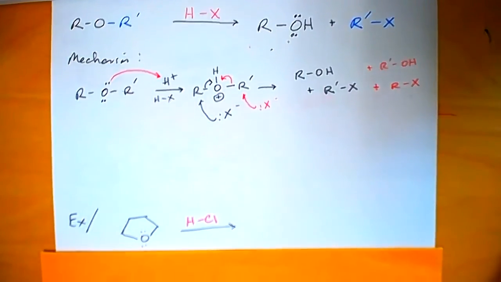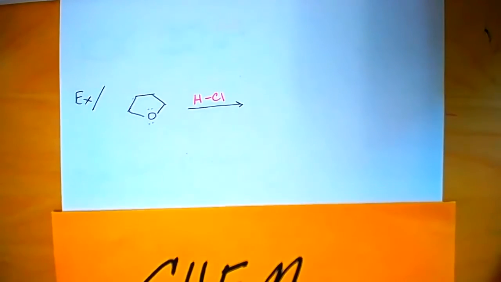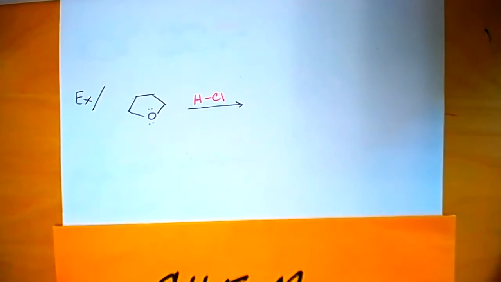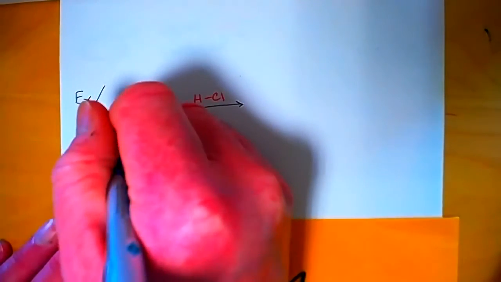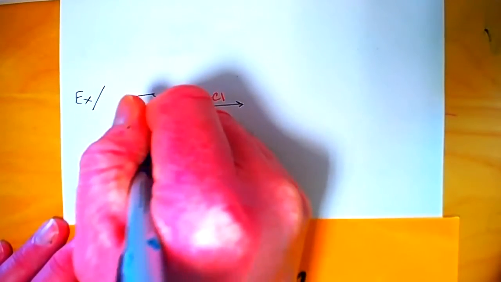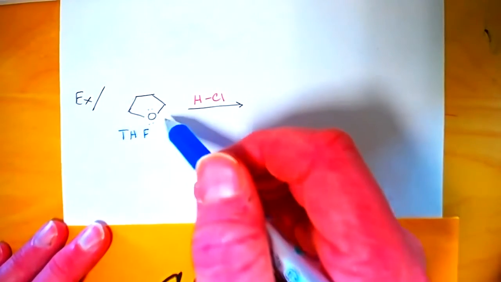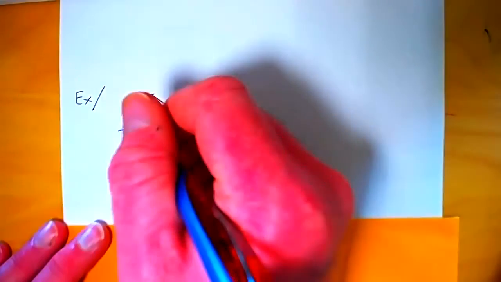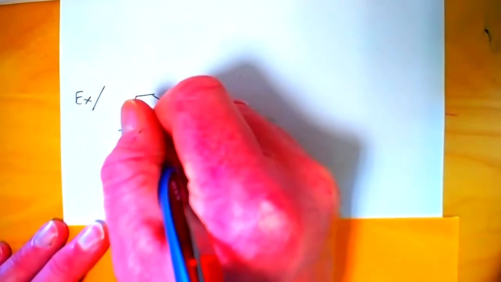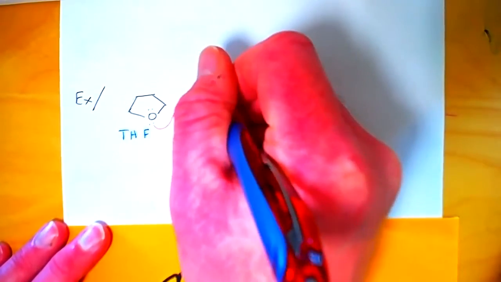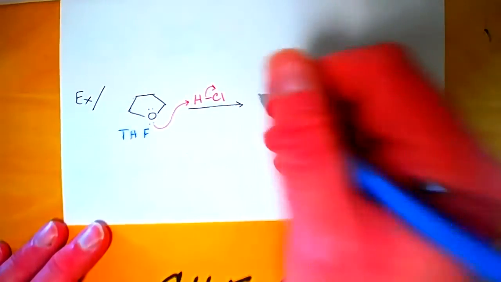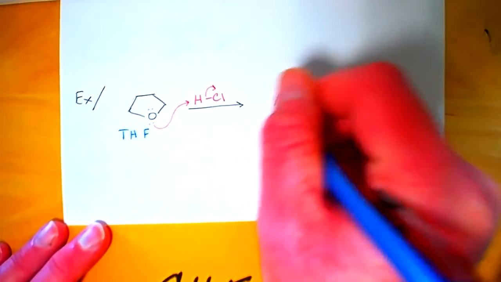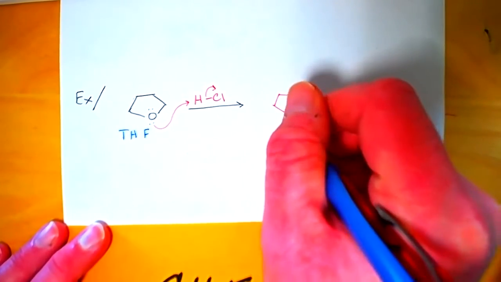Now, the reason why I'm mentioning it is because a very common solvent that we see in organic chemistry is tetrahydrofuran. This is THF. This is a very good polar aprotic solvent, and it's used a lot in organic chemistry. So the problem when you put THF in the presence of an acid like HCl is it protonates the oxygen.